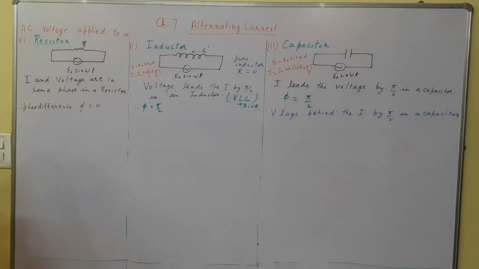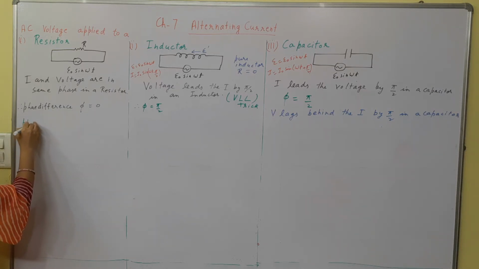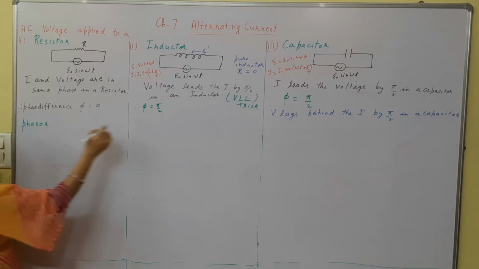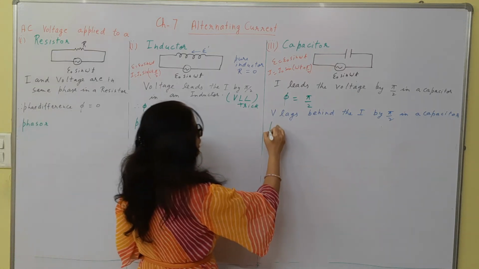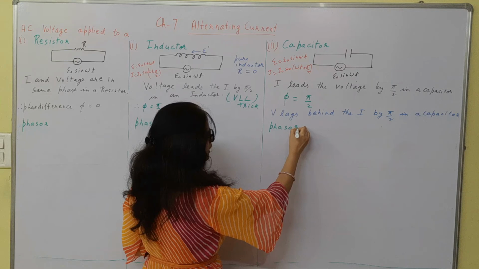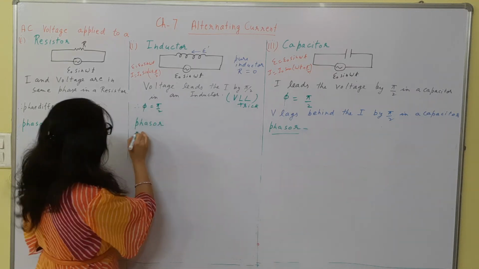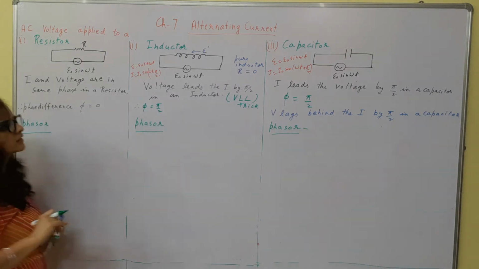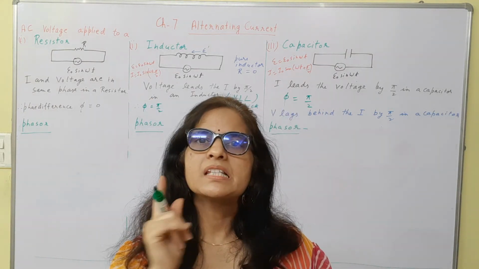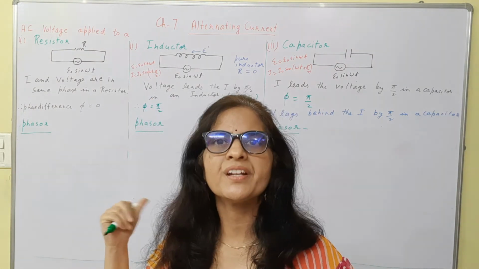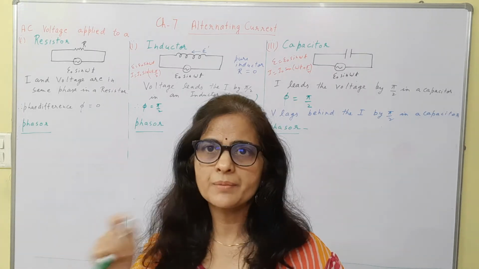Now for phasor, we know that phasor is a rotating vector. We are representing this voltage and current, which are scalar quantities, in the form of phasor here, because these are also sinusoidally varying in case of AC.